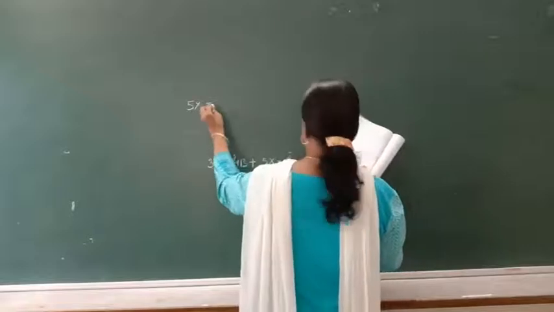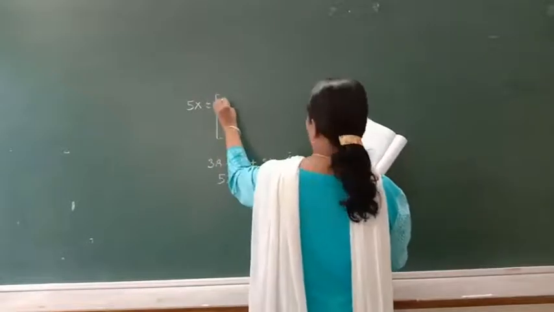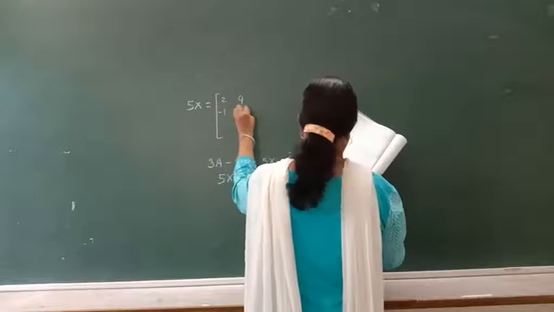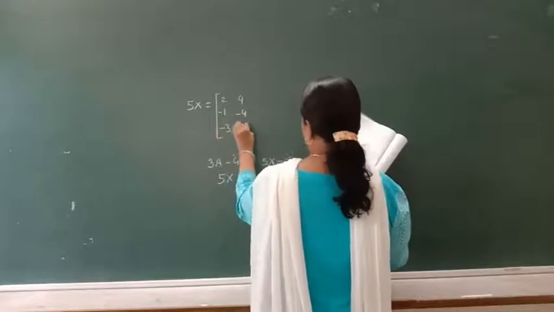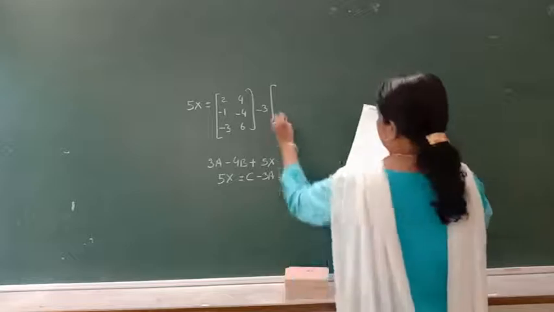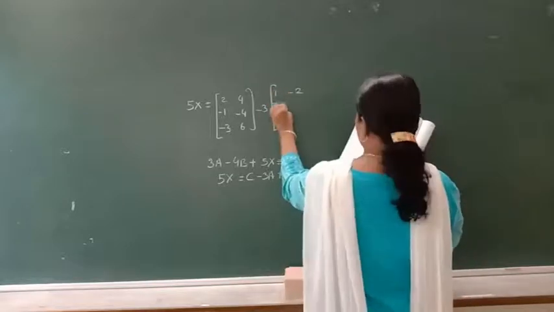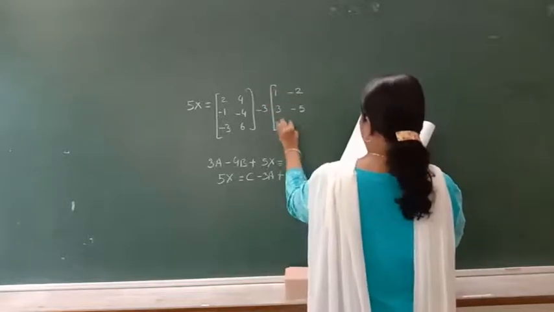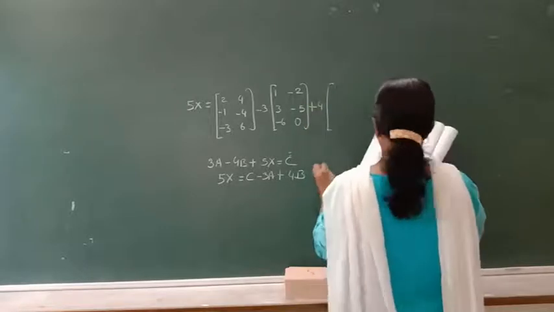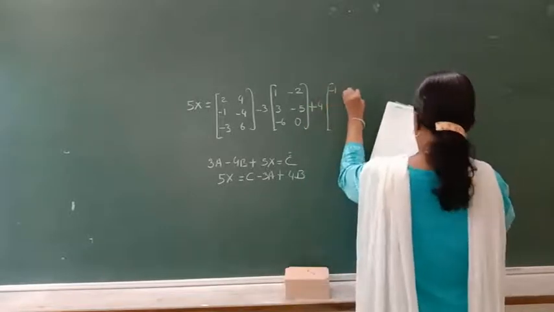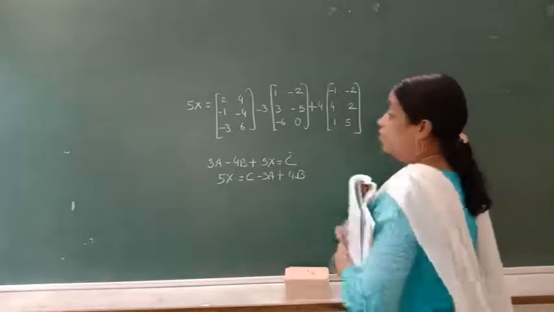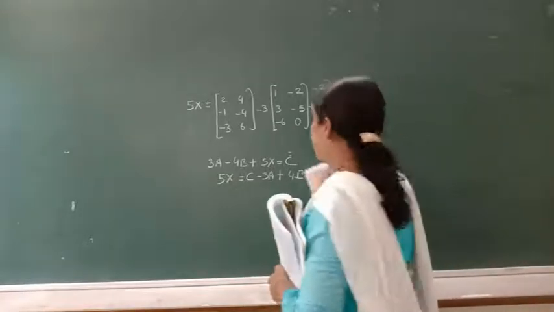C is what? [2 4 -1; -4 -3 6], -3 into A, [1 -2 3; 5 -6 0], plus 4 into B, that is [-1 -2 4; 2 1 5]. This is the value of 5X.